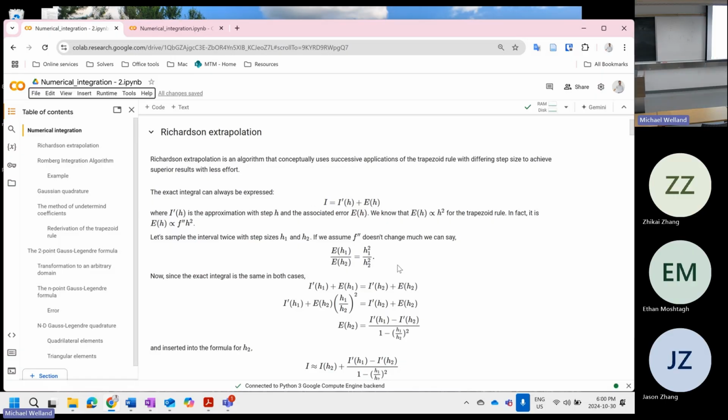So what we can say, because we know the form of the error through Taylor expansion, is that there's a ratio between the errors from step size h1 and step size h2. Specifically, it goes like h1 squared over h2 squared. Plug it into the equation, where the exact integral is the same no matter which step size you use, right?